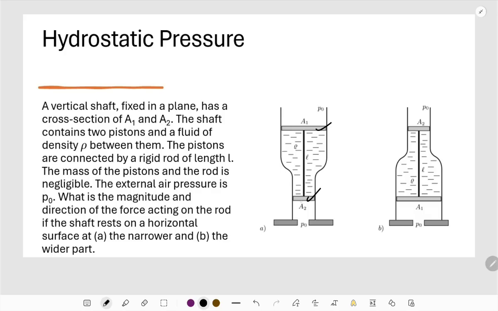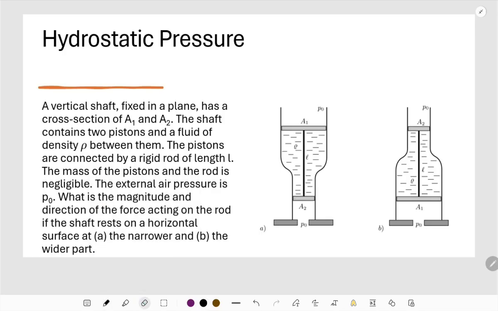Narrower, that means the shaft is here, and in the first condition it will be like this, and in the second condition it will be like this. Don't go on the statement of the problem. There are two situations, and we need to find the tension produced in the rod.